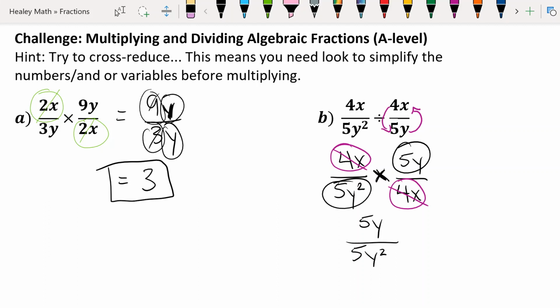And 5y squared can be written again as 5y times y. And we have 5y divided by 5y. That's 1. So our answer we're left with is 1 over y.